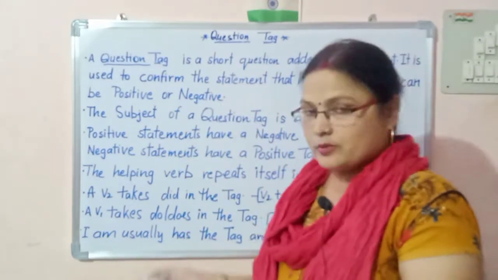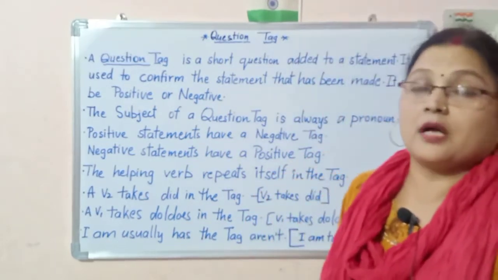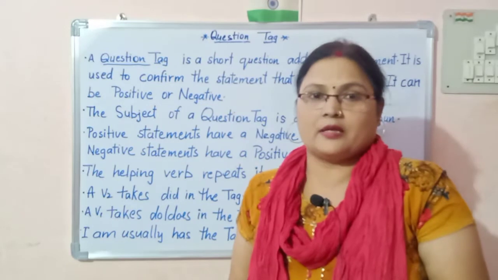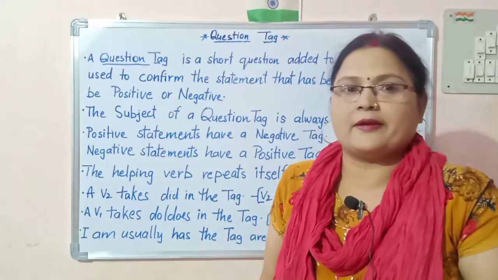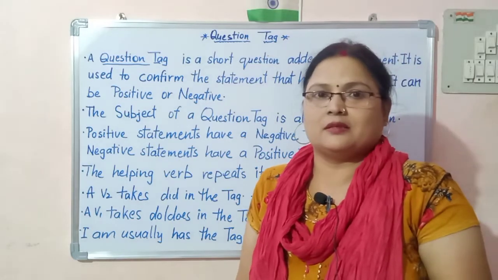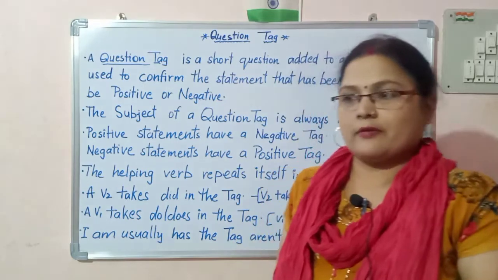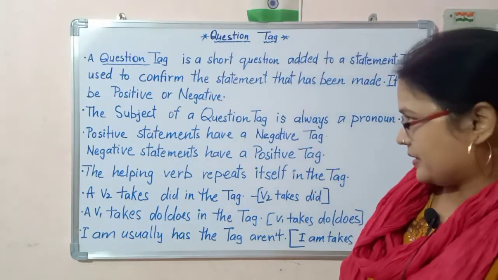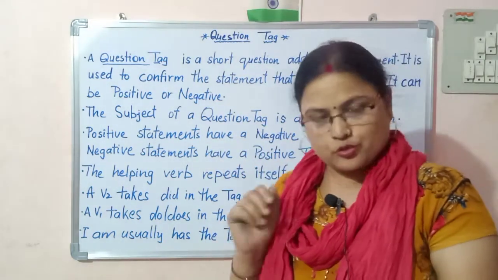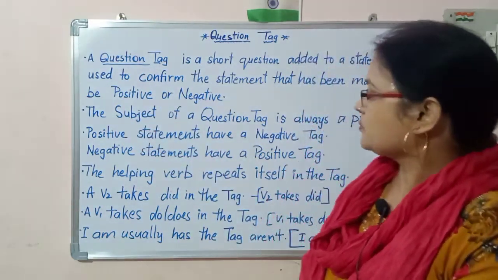When we make a statement and the listener replies, we want to confirm his answer: is he ready or not? At that time we add a question tag at the end. So, a question tag can be of two types, positive or negative.